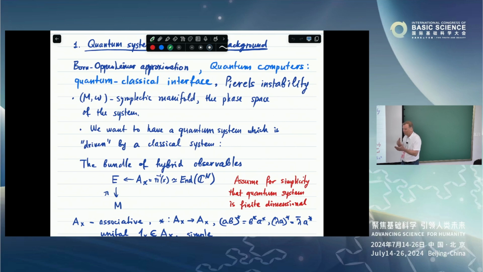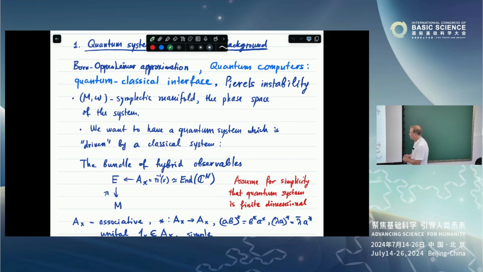So inevitably this is a system consisting of two subsystems, classical and quantum. Another is the very famous Pile instability, and then the list is very long. I'm just saying that it's a natural physical setup.